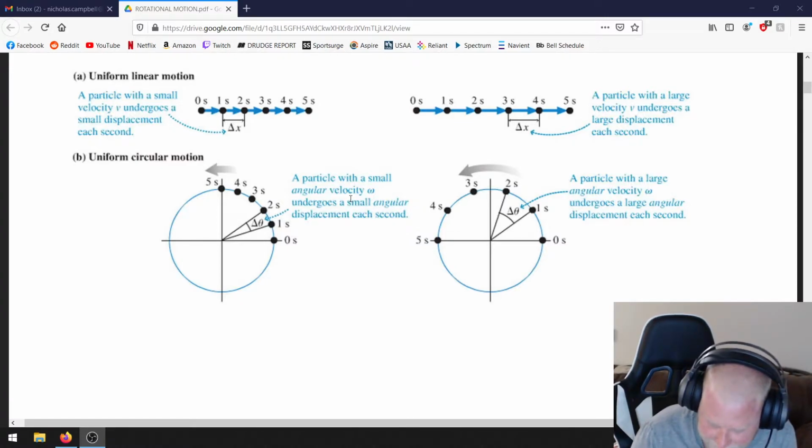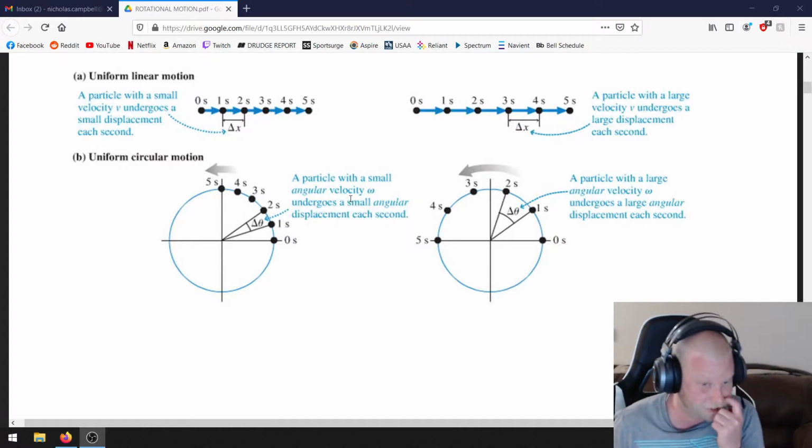So your angular velocity would be your change in angular position over time, which would be pi over 2 radians over 5 seconds. So that'd be pi over 10, so 0.314 radians per second.